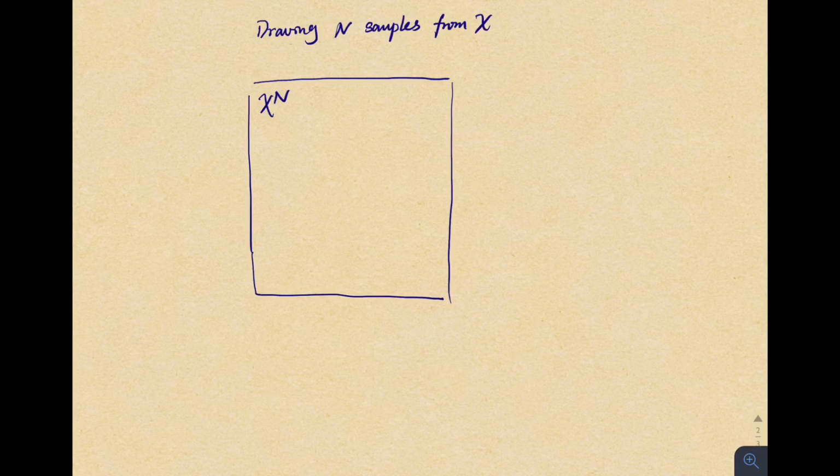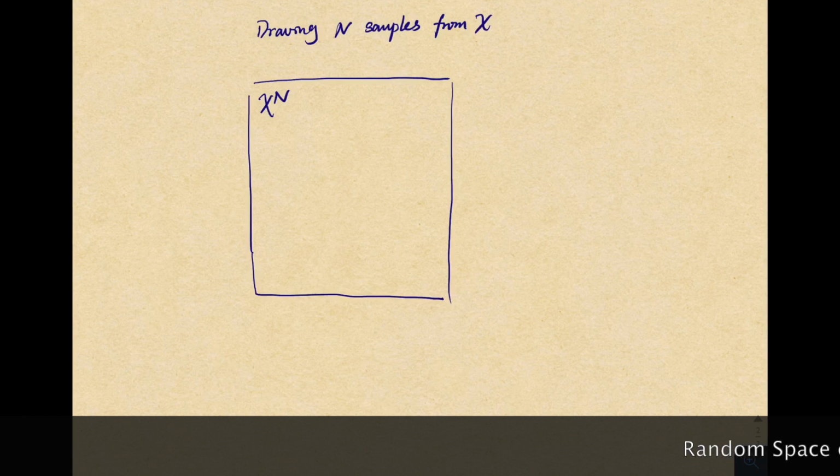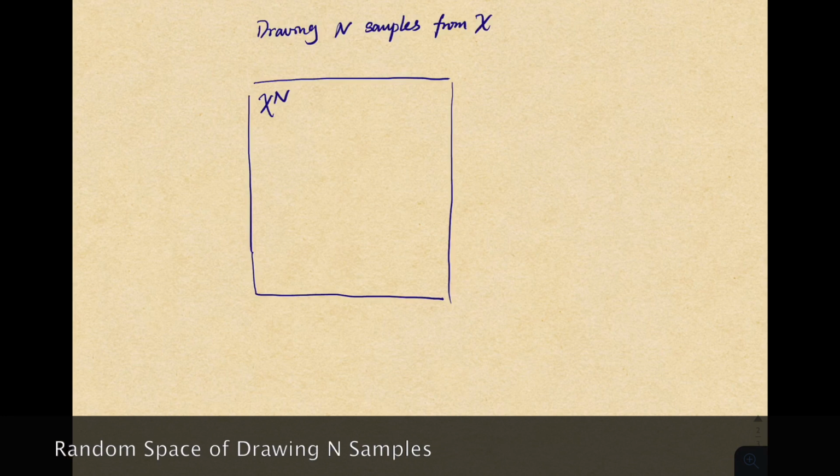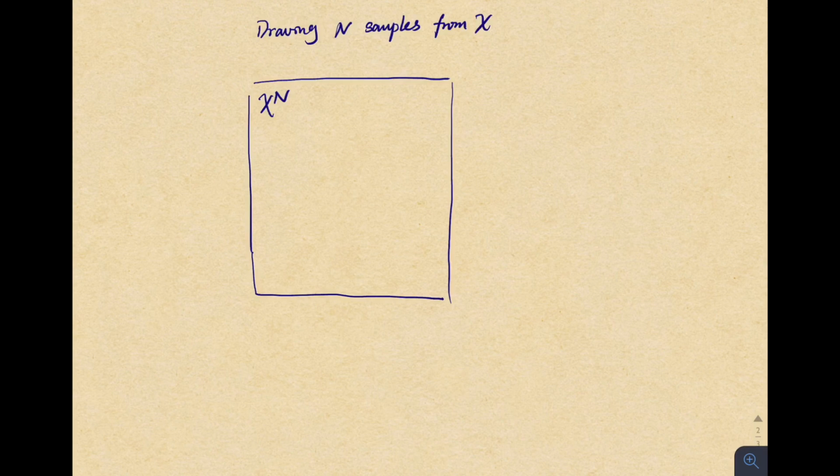In a practical procedure, let us consider more carefully where the randomness of the difference between in-sample error and out-sample error comes from. Consider this space, which represents drawing n samples from the entire data population, where the randomness is driven by this random process. So each point in this space represents a data set of n samples.